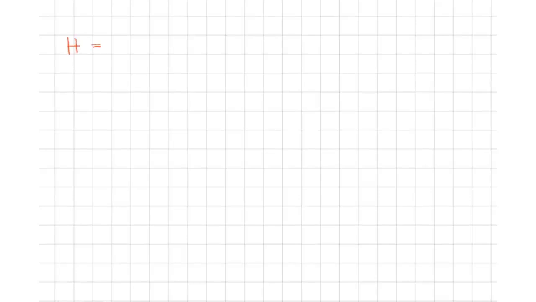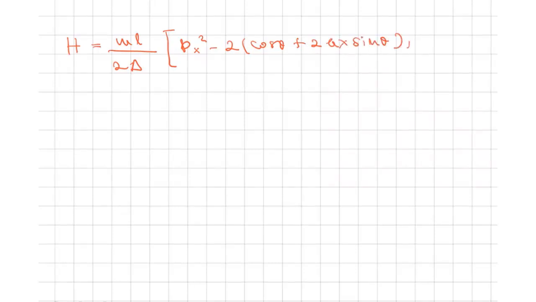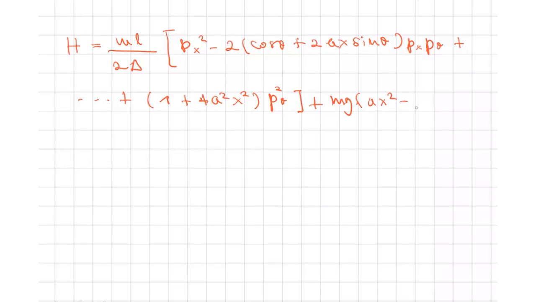H is equal to ml divided by 2 delta, px squared minus 2 cosine of theta plus 2ax sine of theta px p theta plus 1 more plus 4 a squared x squared p theta squared, plus the potential energy mg a x minus L cosine of theta.